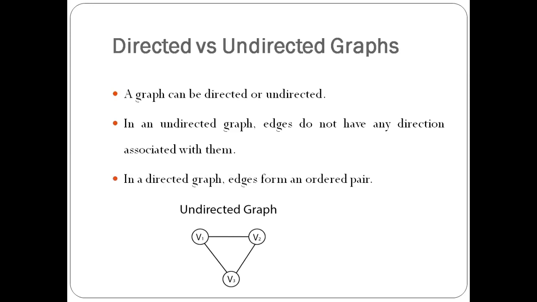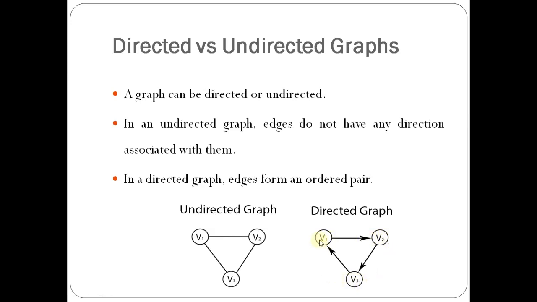Now in a directed graph, the edges form an ordered pair. In the given example, there is a path from V1 to V2, but we cannot traverse from V2 to V1 directly, as there is no directed edge between V2 and V1. In order to traverse from V2 to V1, we have to move from V2 to V3 and then V3 to V1.